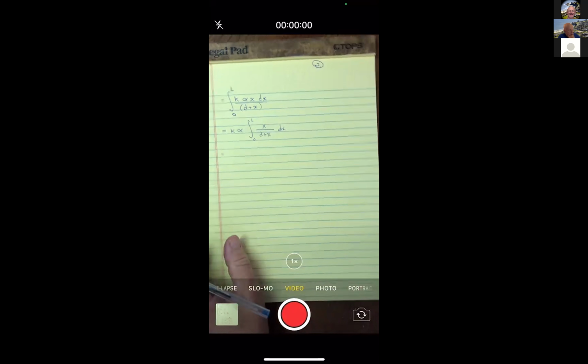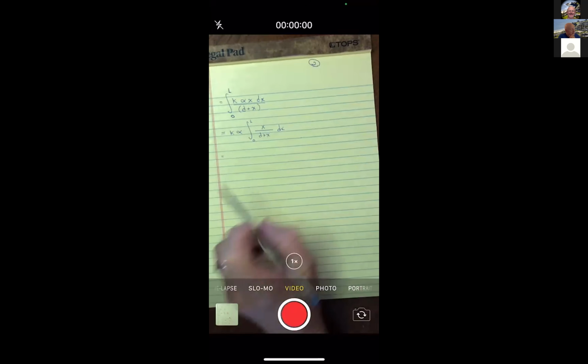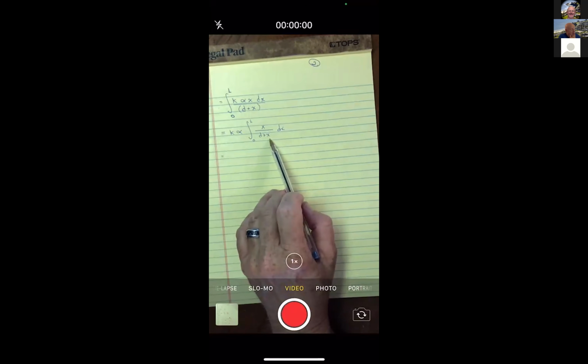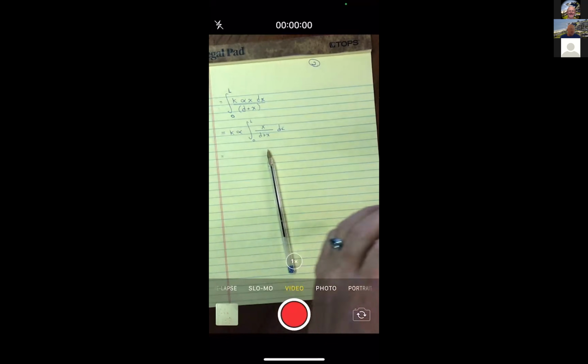And now I need to solve this. And I think this one's screaming at me partial sums. It doesn't look like a U sub. But let me take this as a moment for anybody who didn't catch it in the video.